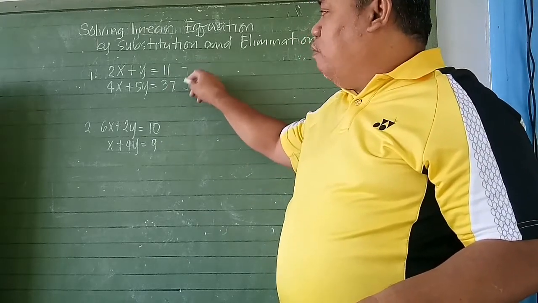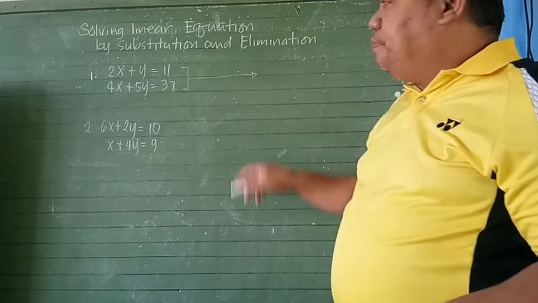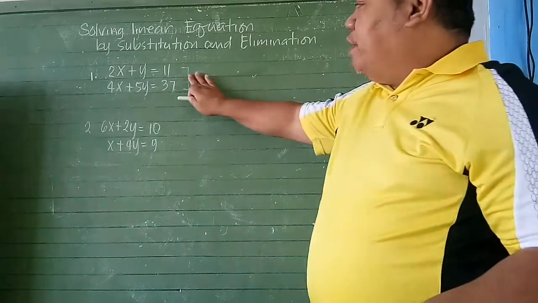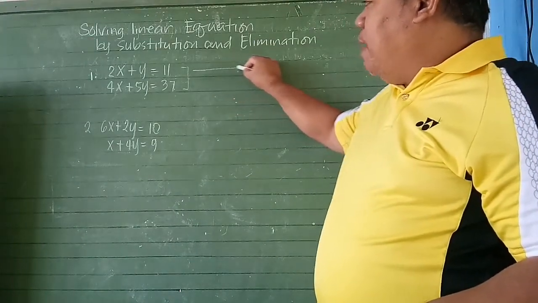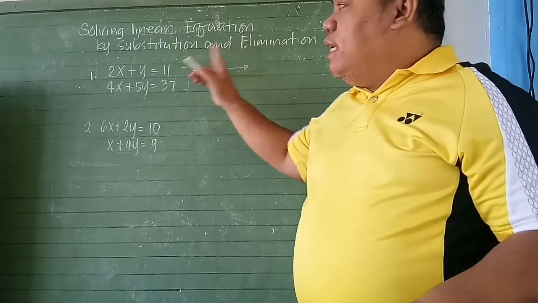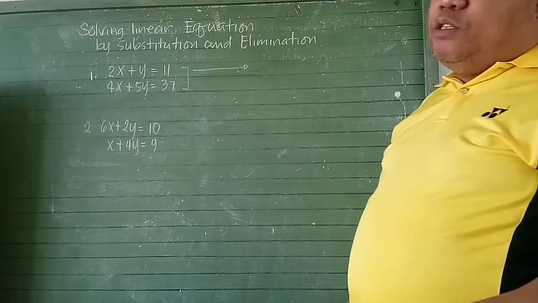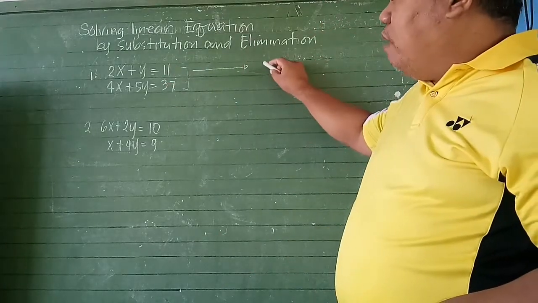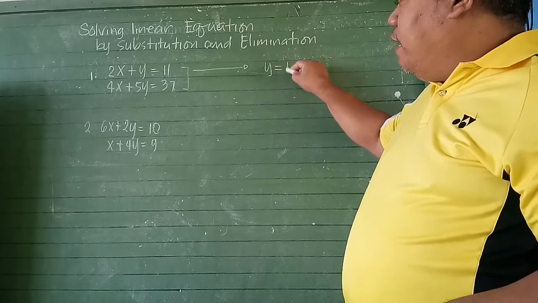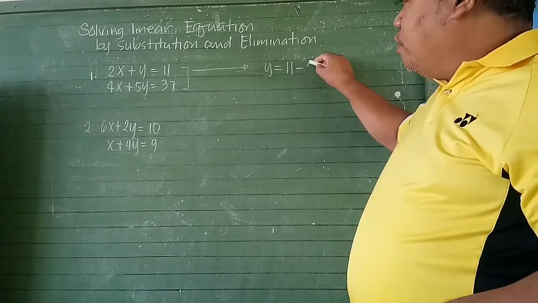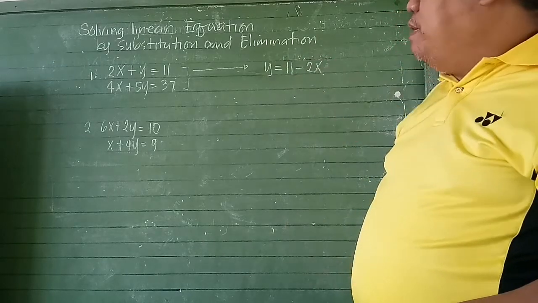So let us solve this one. All we have to do first is to solve equation number 1 in terms of y. So we have y is equal to 11 minus 2x. So that will be the value of y.